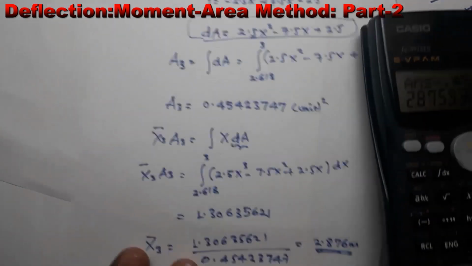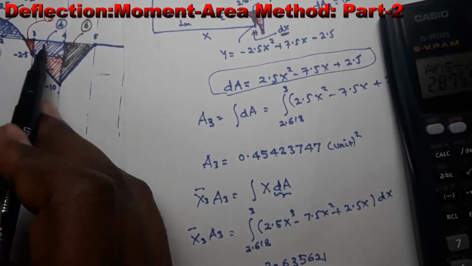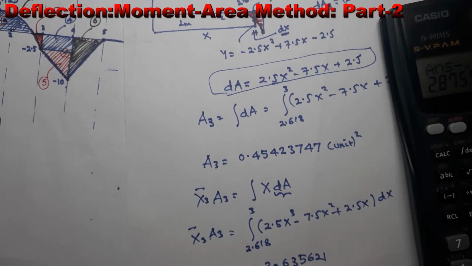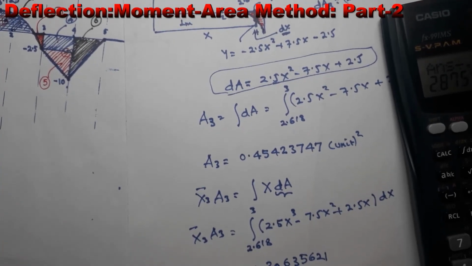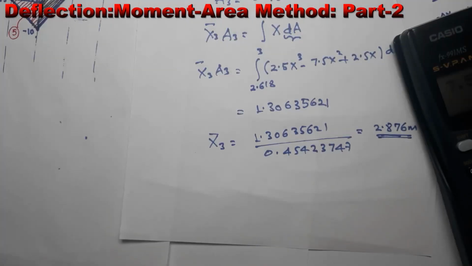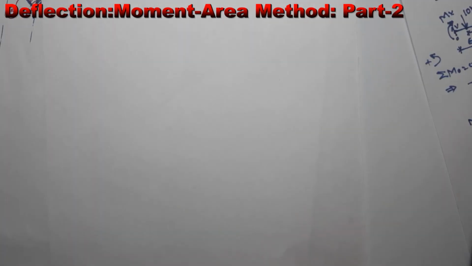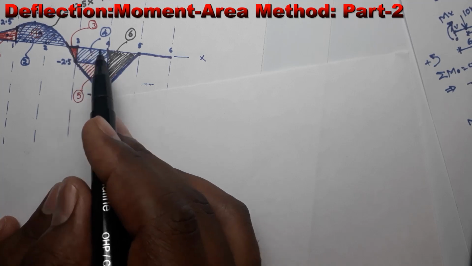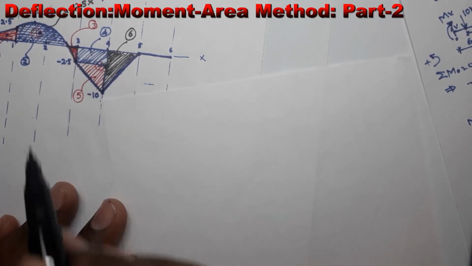Now let me go to area 4, area 5, and area 6. They are uniform sections, so I can simply determine them by simple observation. Now let's continue with area 4. Area 4 is here, it's simply a rectangular section.